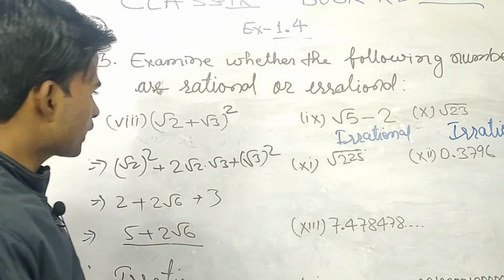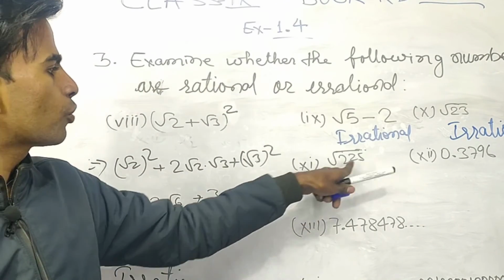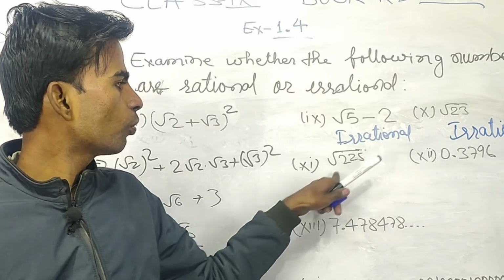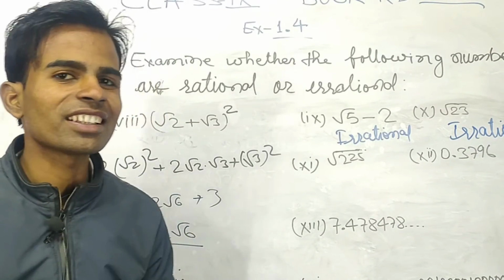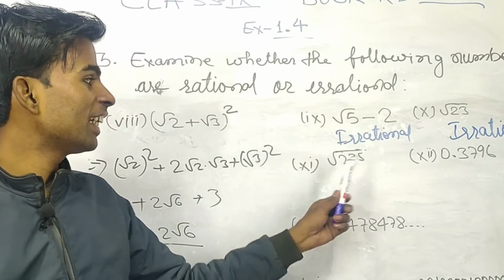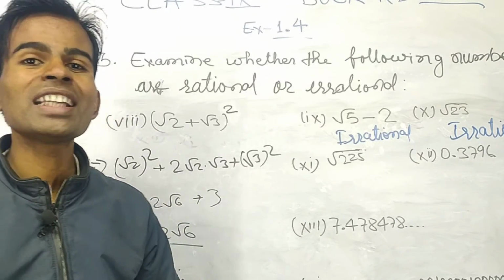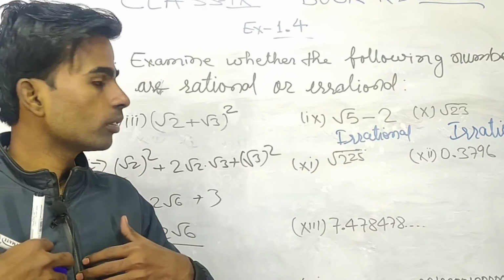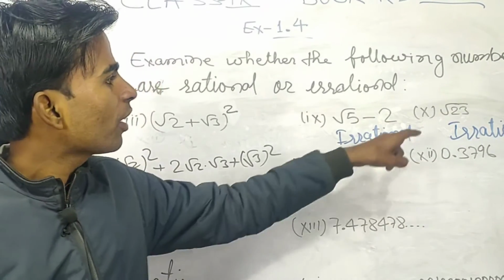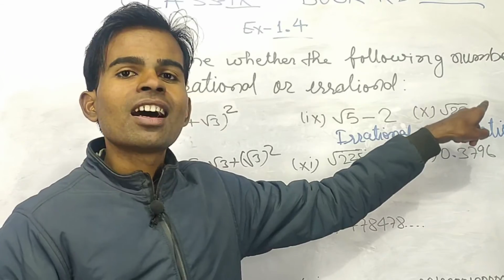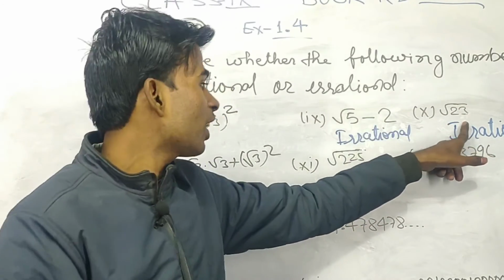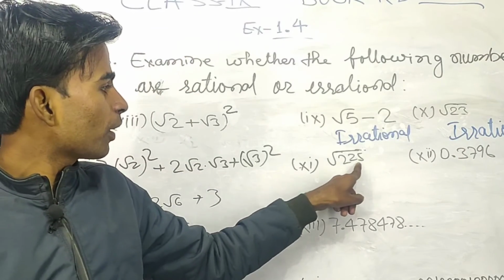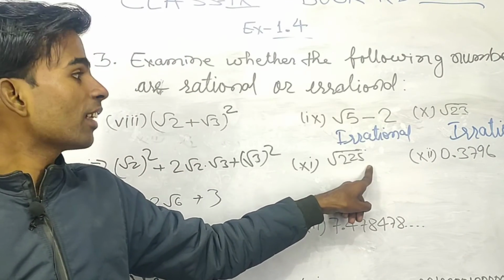Okay, going to the next, that is question number 11, root under 225. Is it rational or irrational? Of course, it is a rational number. Why, sir? You will say that root under 23 is an irrational number, and root under 225 is a rational number.